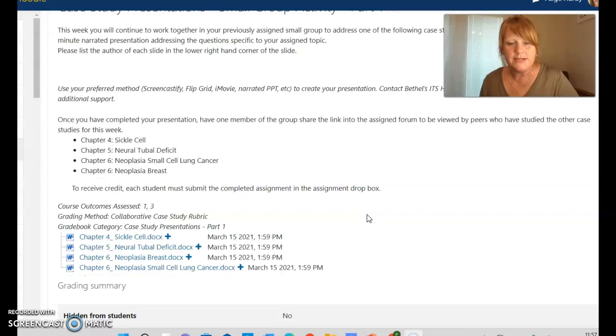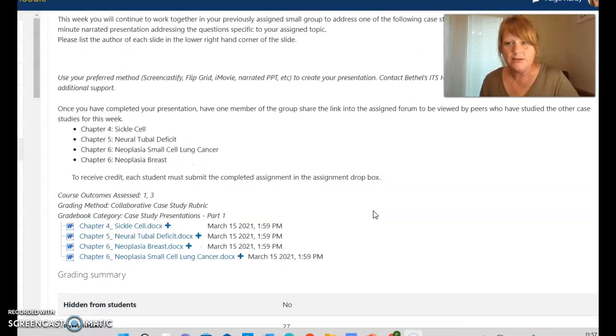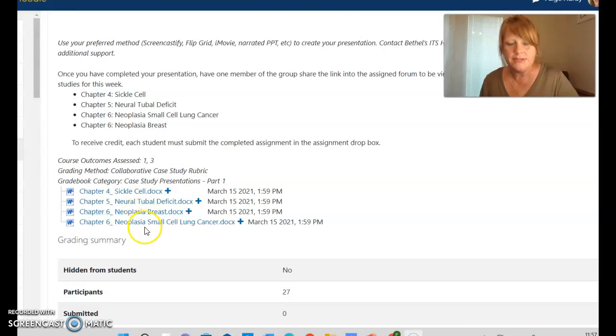And your choices for which case study you'd like to pick are below: sickle cell disease, neural tube deficits, neoplasia of the breast, and small cell lung cancer. So you can pick one of those as a group, and start working on that.